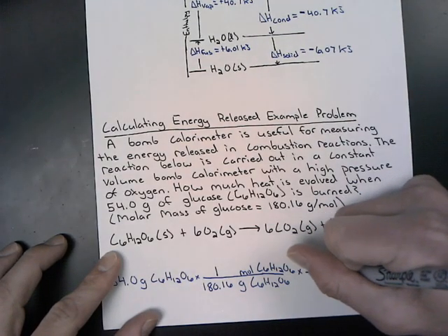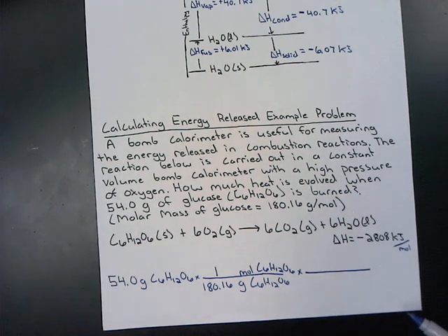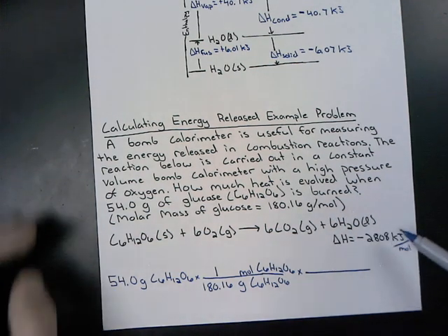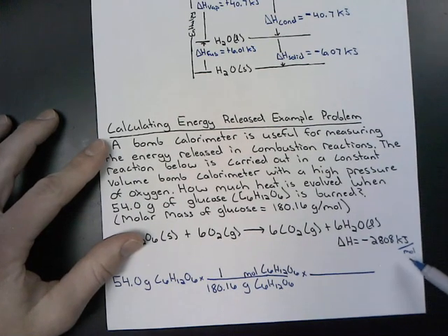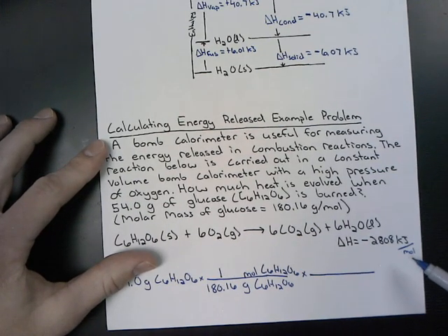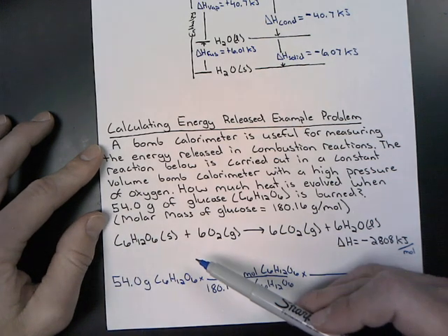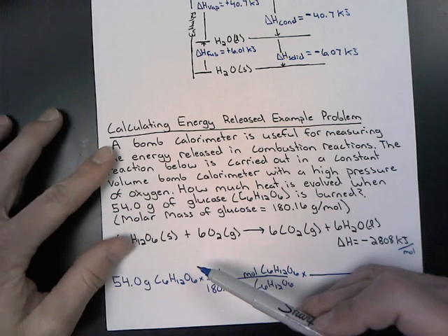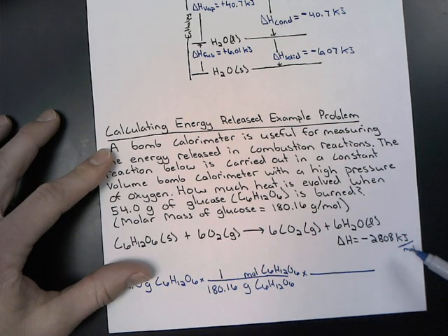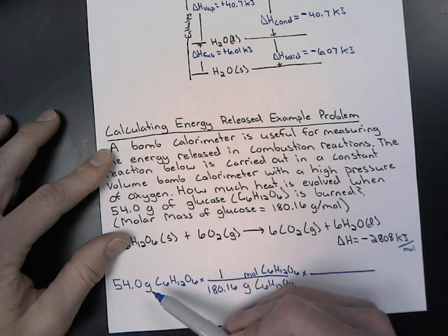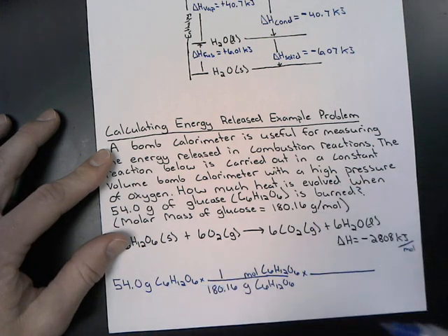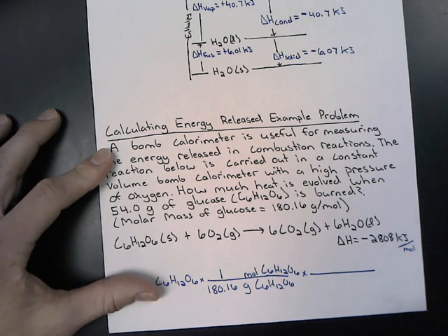Now we get to this process here. We have to do some thinking because this is the amount of heat released per 1 mole. And so what we have to do is this. We've converted to moles of glucose. And so what we have to do now is we have to convert to how much heat evolved when this amount of glucose was reacted through this bomb calorimeter.